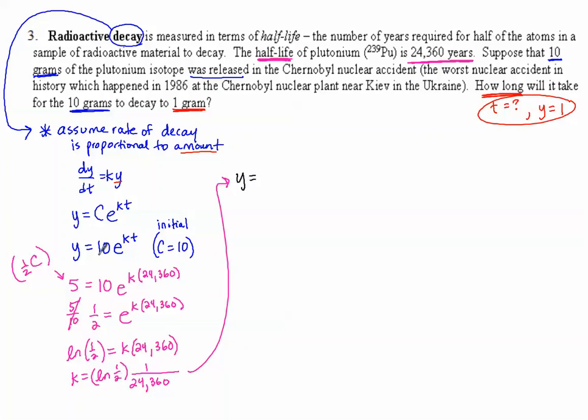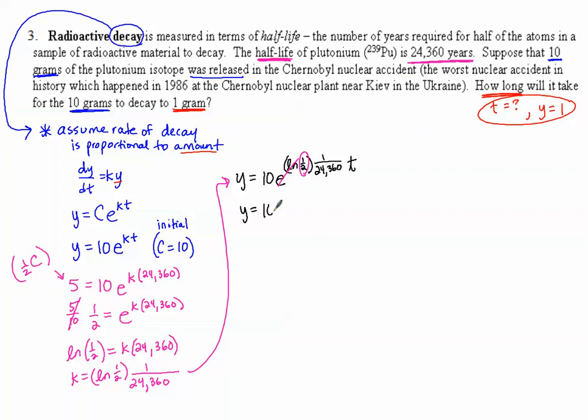Y equals 10 e to the, k is all of this number, natural log of 1/2, and then 1 over 24,360 times t. Now you can see why we wanted the e and the natural log of 1/2 to be right next to each other. I can pull the 1/2 down as the base now.